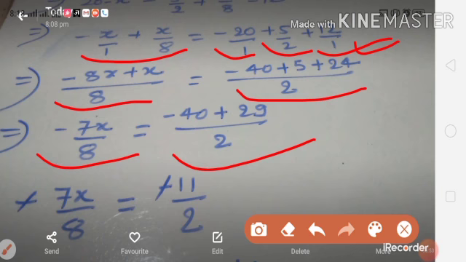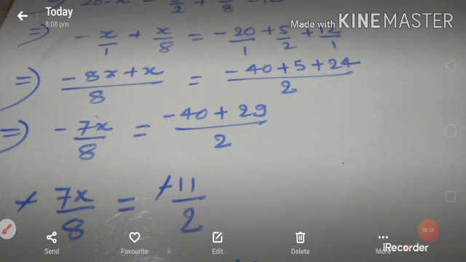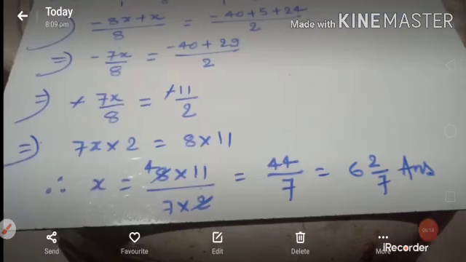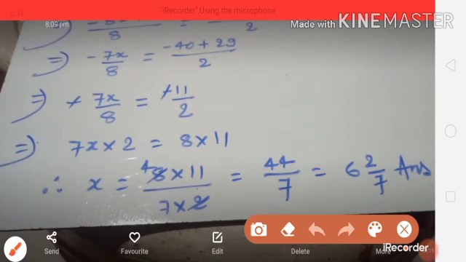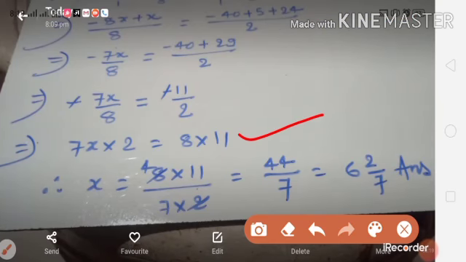So we see here minus 7x by 8 and minus 11 by 2, because here minus is greater. We cancel the minus, and now we see a single term on both sides, so we can do cross multiplication. By the cross multiplication we find 7x into 2 is equal to 8 into 11.